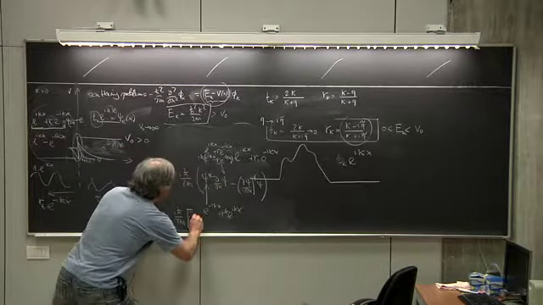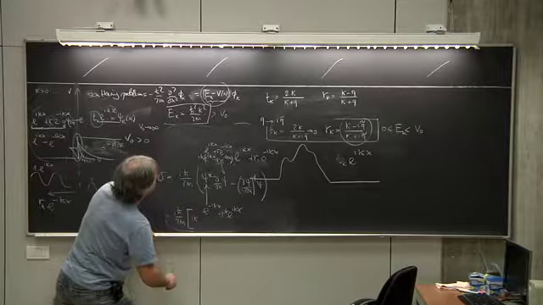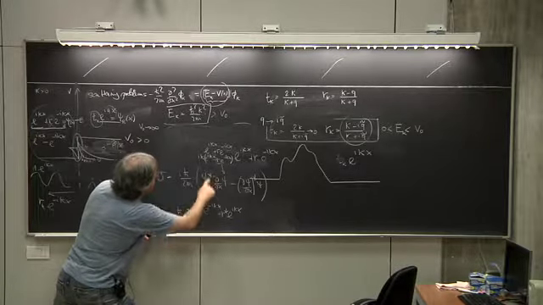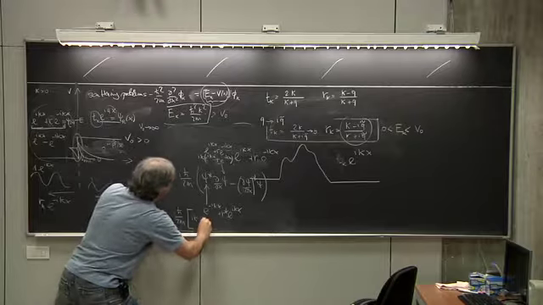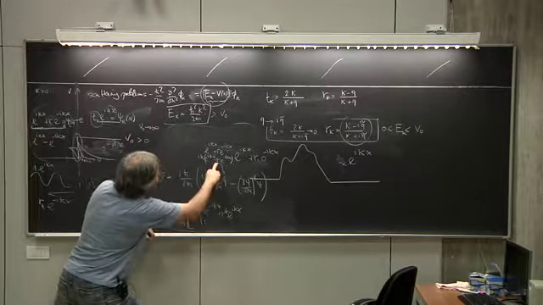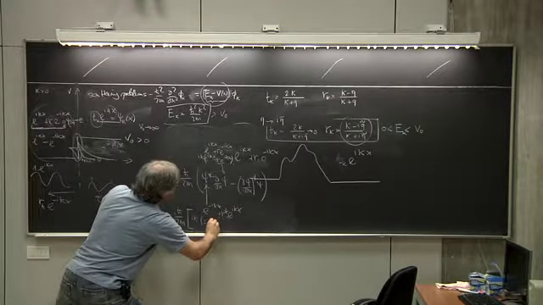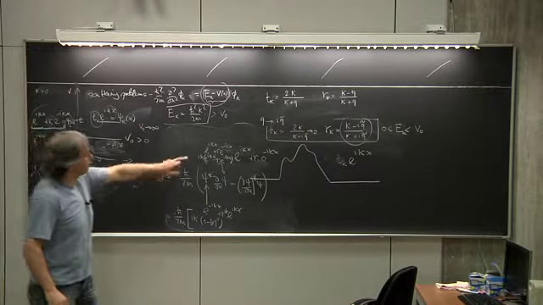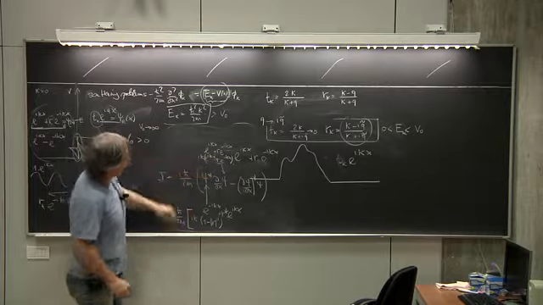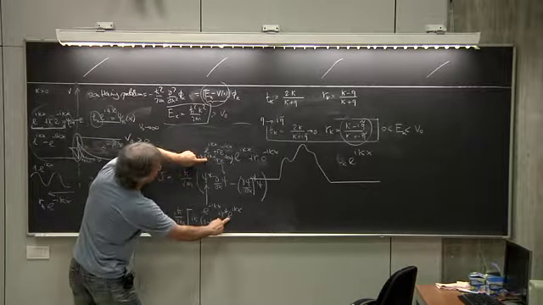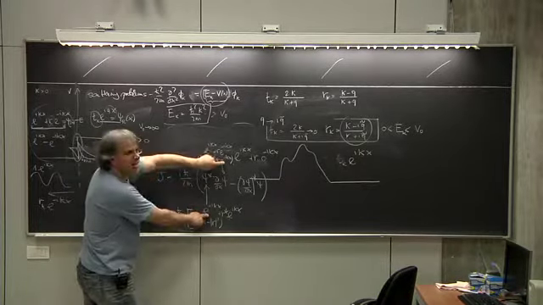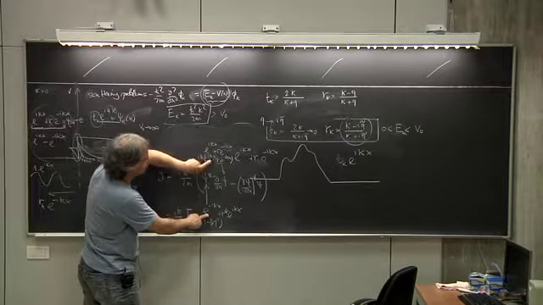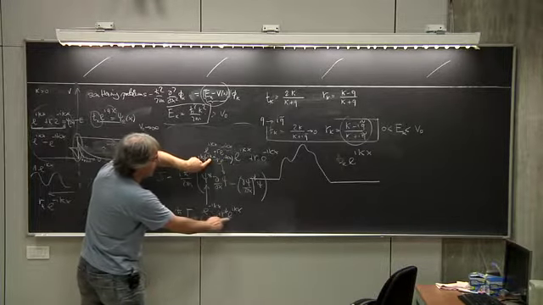Then I have this times that is 1, and this times that is minus r modulo square. These are 2 terms. Then I have 2 other terms, this times that and this times that. These are uglier, because they have e to the 2ikx.